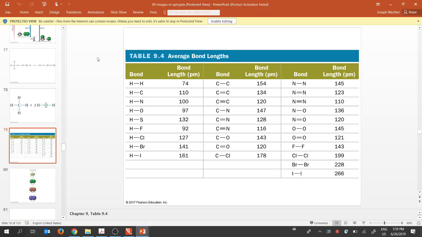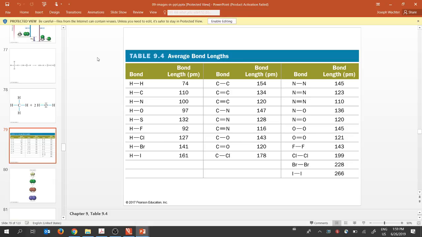In the same realm, you can make some pretty good rules, like triple bonds are always shorter than double bonds, which are always shorter than single bonds between the same two atoms. If you look at that table, you'll see that that is indeed true. A carbon-carbon triple bond is shorter than a double bond, which is shorter than a single bond. A nitrogen-nitrogen triple bond is shorter than a double bond, which is shorter than a single bond.